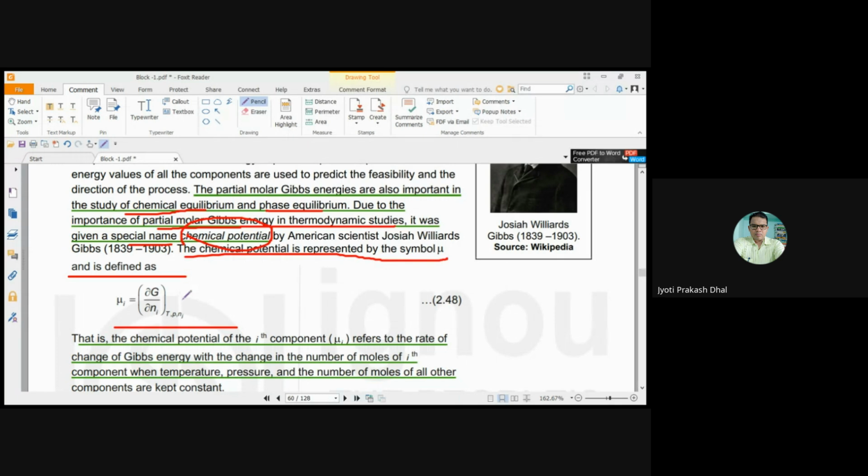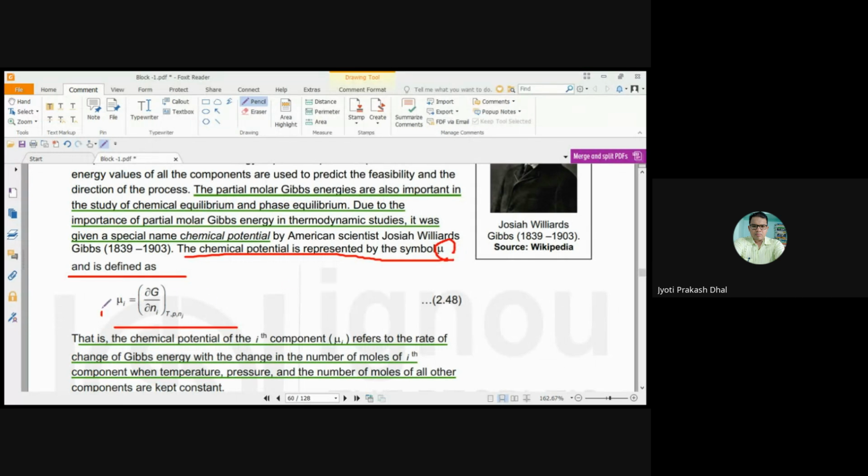Partial molar free energy, where free energy is G, is nothing but del G by del Ni at constant temperature, constant pressure, and constant number of moles of j, and that is known as chemical potential mu. Its symbol is mu.